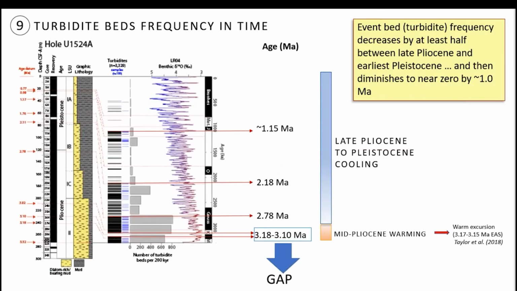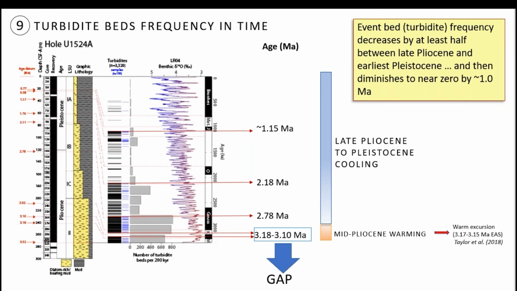Now, the 3,300 turbidites with this average thickness of 1.5 millimeters were plotted according to the current age model for the section to try to recognize any patterns that might show up. The frequency of these turbidite beds was grouped into cycles of 200 kiloyears.